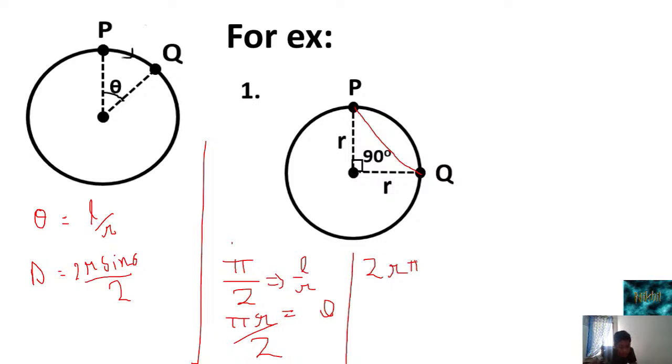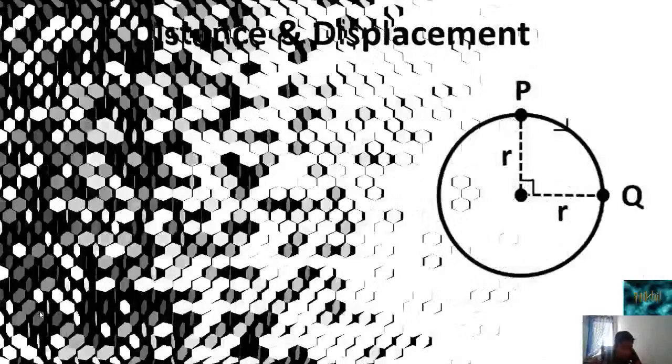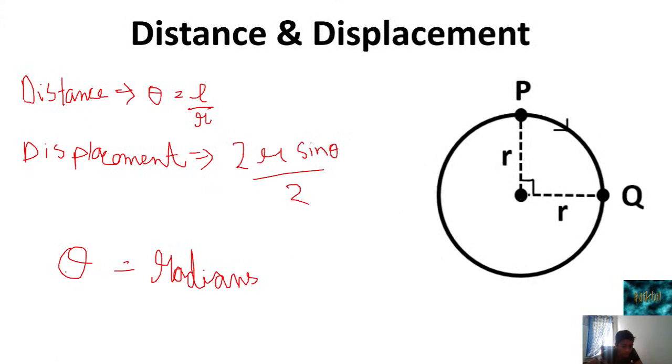Now for displacement, 2R sine theta by 2, meaning pi by 4, sine 90. What will be sine 90? Now guys, a little mistake we made in the last slide. Here theta is in radians only for this, not for this.